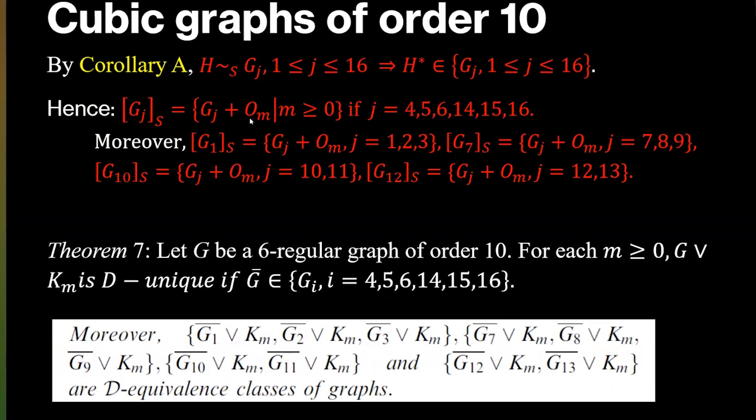More precisely, we managed to show that the graph Gj is star unique if j is 4, 5, 6, 14, 15, 16. And G1, G2, G3 form an S equivalence class of graphs. G7, 8, 9 also, and then G10, 11 also, G12 and 13 also. And the complement of all these graphs must be a 6 regular graph of order 10. So we also get new results on the uniqueness of the complement of these graphs.